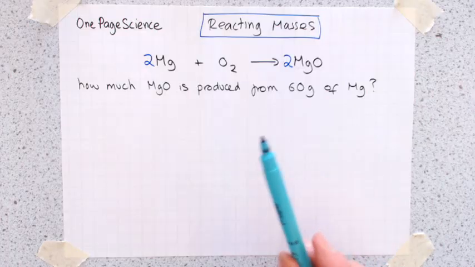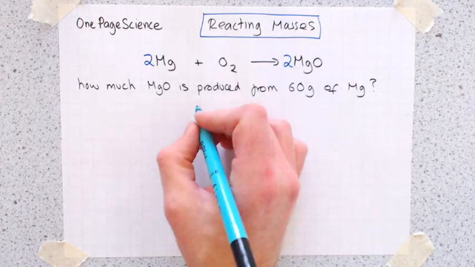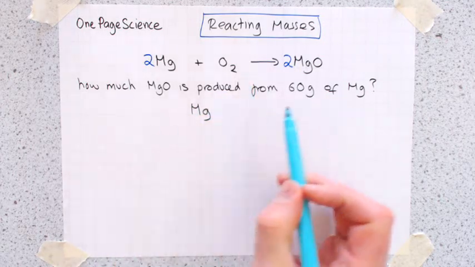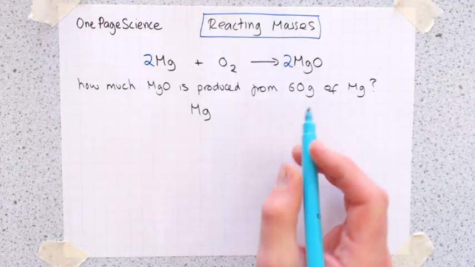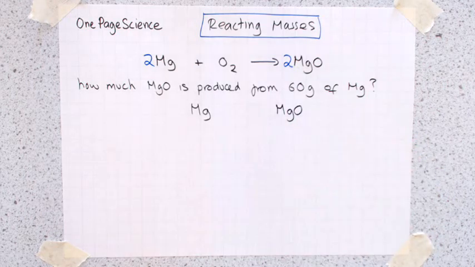Similar to empirical formula calculations, I recommend you lay this out in a grid format. We're given information about magnesium and we want to know about the magnesium oxide, so one column is magnesium and the other column is magnesium oxide.